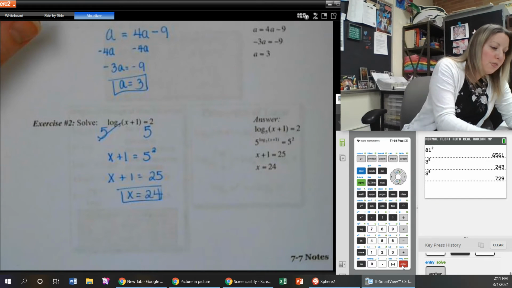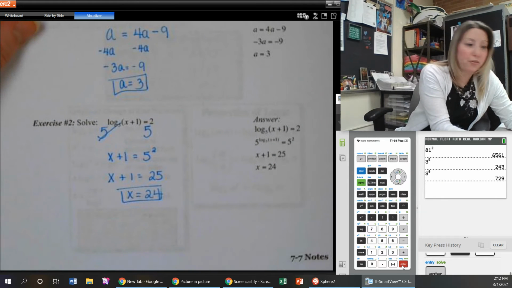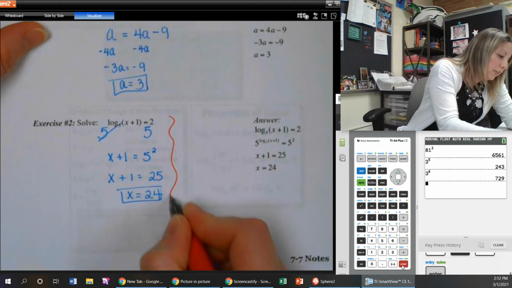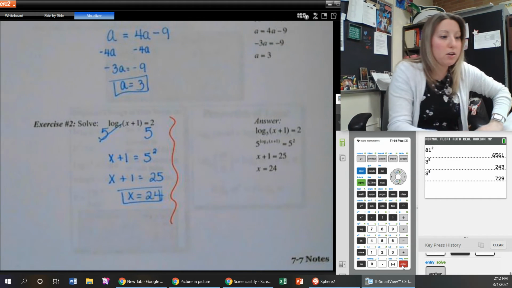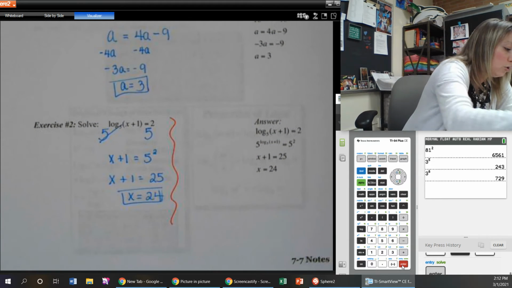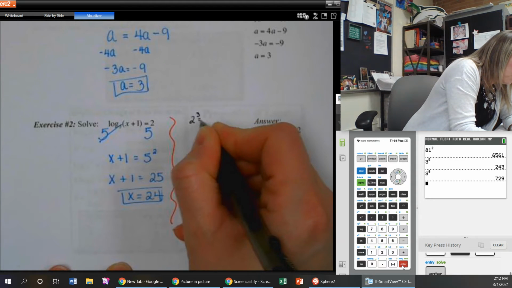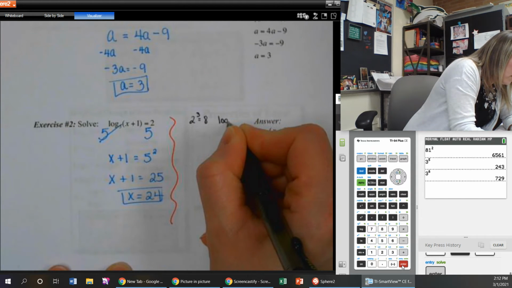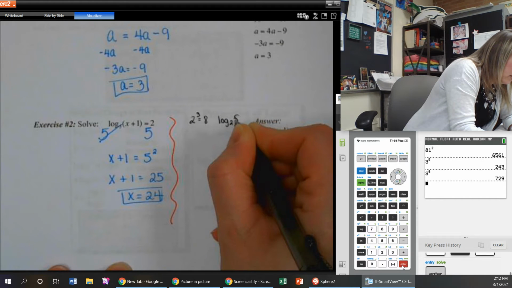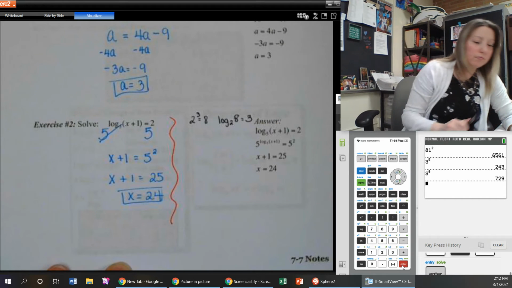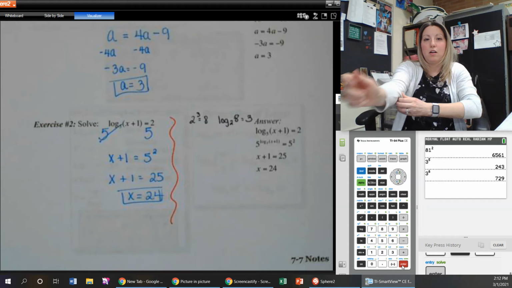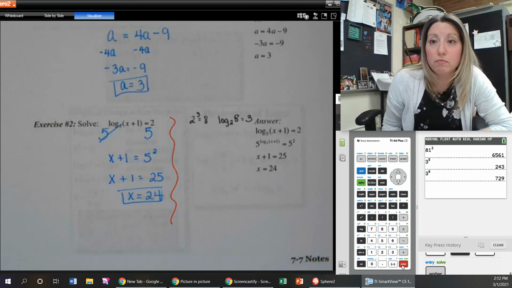Now I know that's the way I did it over here, but there is another way you can handle this. And that other way you can handle this is to remember that a log is an exponent and an exponent is a log, right? So I'm just giving you my classic example of that. Switch it back into an exponent.